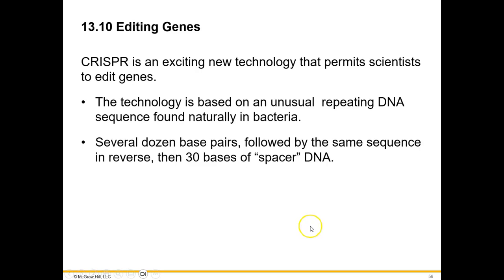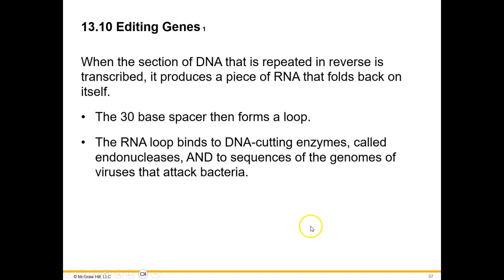CRISPR is also a really exciting new technology that has allowed scientists to edit genes in a really specific way. This technology is based on an unusual repeating DNA sequence that is found naturally in bacteria. Basically, there are several dozen base pairs that will be followed by the same sequence in reverse, and then 30 bases of spacer DNA that are just there to provide space between these segments.